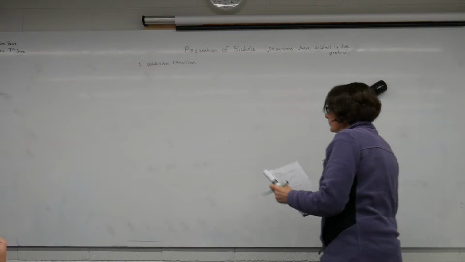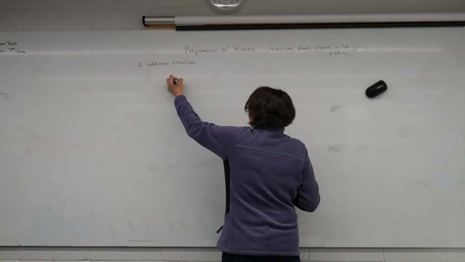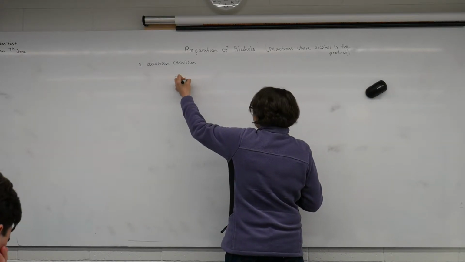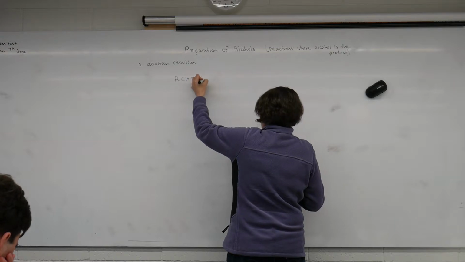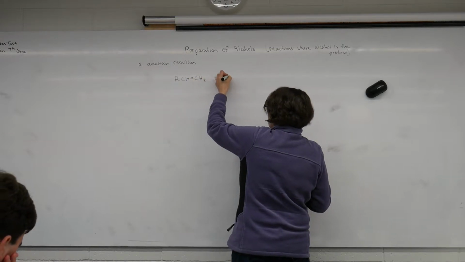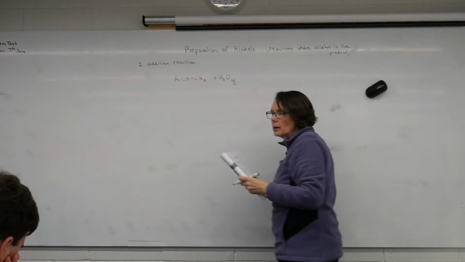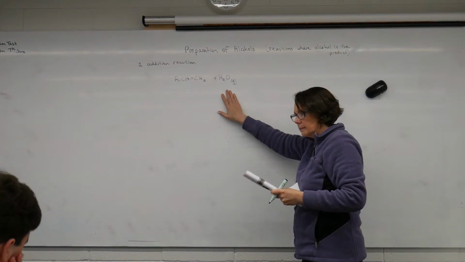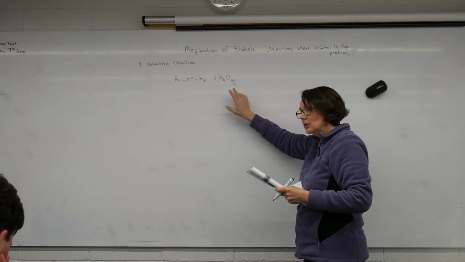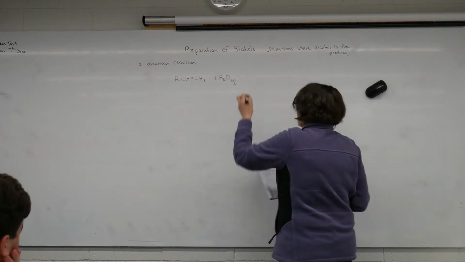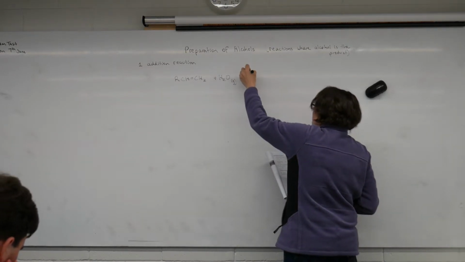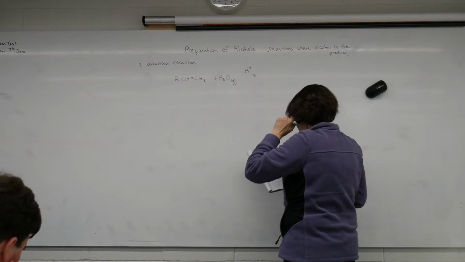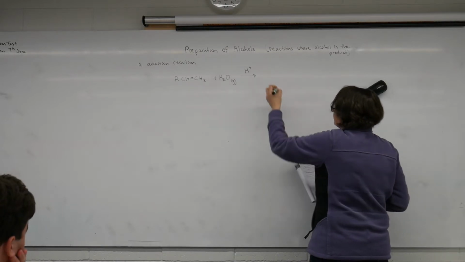These ones don't happen as readily as our bromination. And so you might notice that the water is in the form of steam, so it needs to be high energy, and it's also in an acidified environment to form the alcohol.